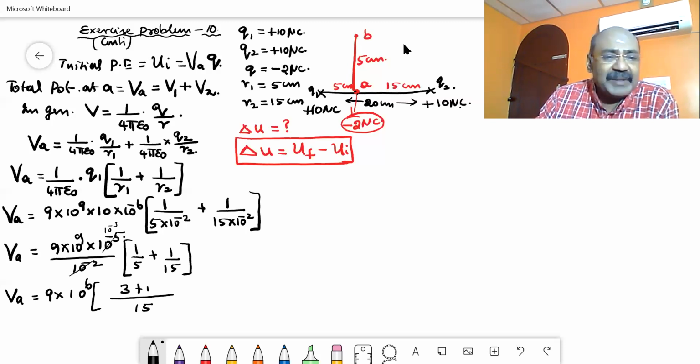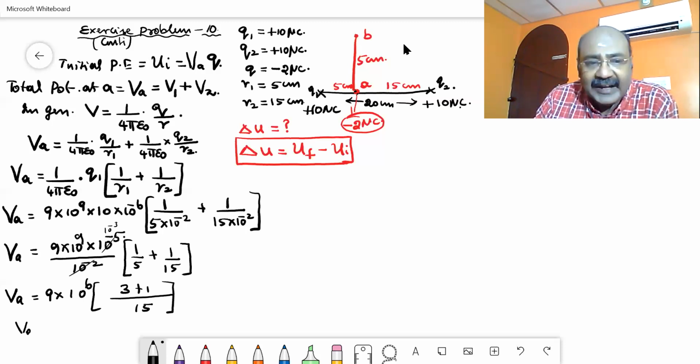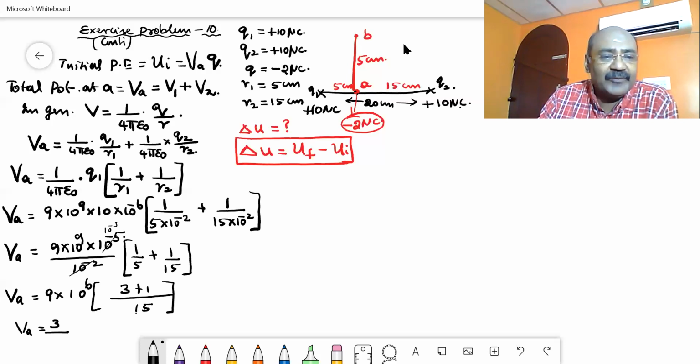So simplify, what will be your answer then? The answer is potential VA equal to, on dividing numerator and denominator with 3, we can get 3 divided by, dividing this with 3, you will get 5 multiplied with 4 into 10 power 6.